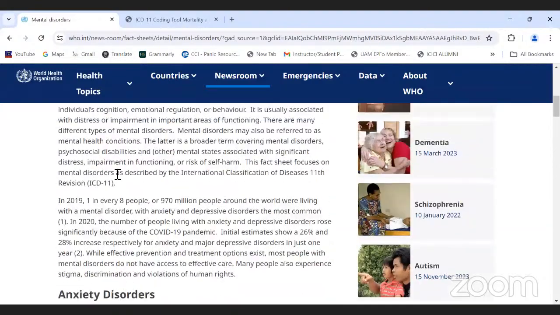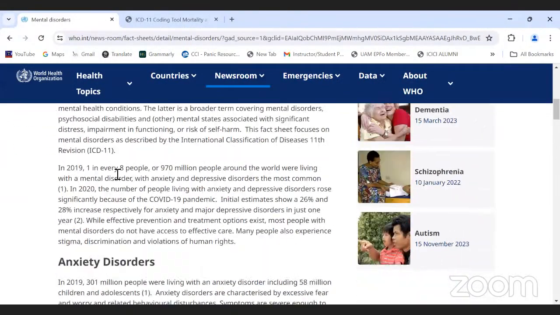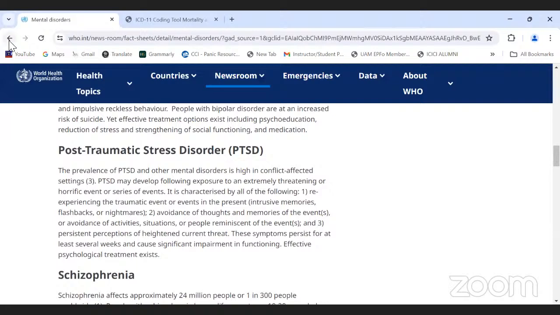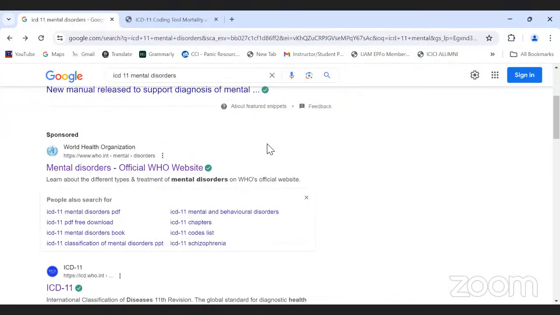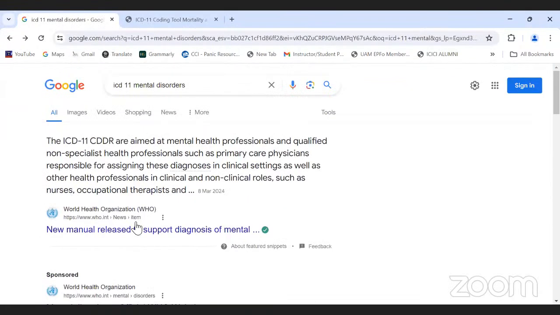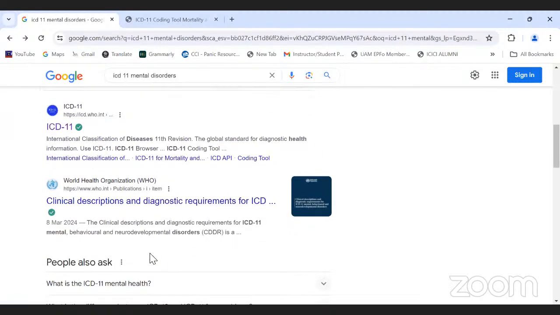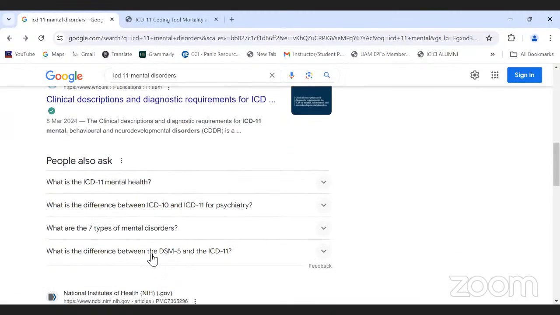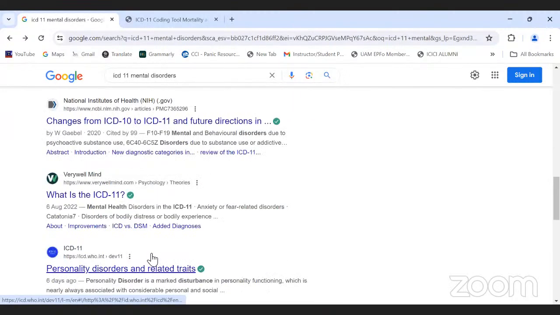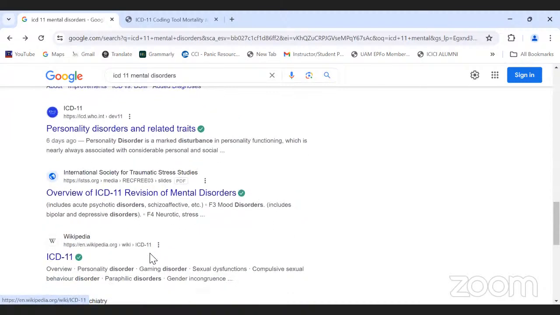I just want to show you that coding, which describes the same disorders as under ICD-10. Apart from a few changes and the coding changes, they are using the same thing.